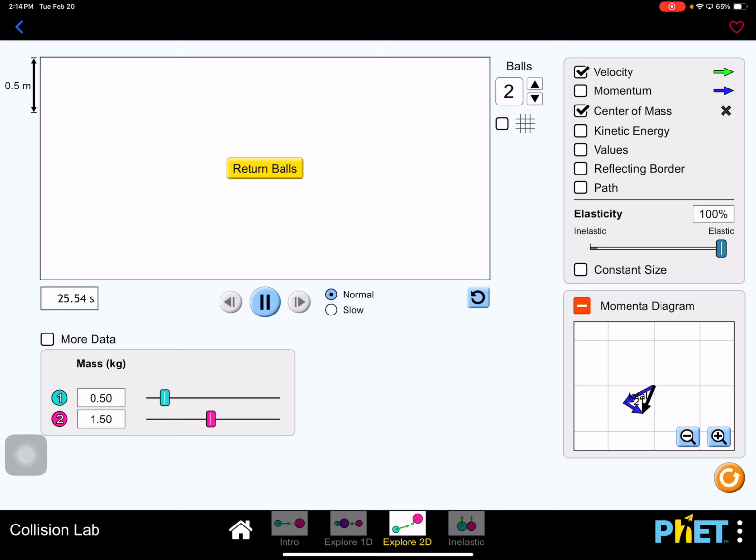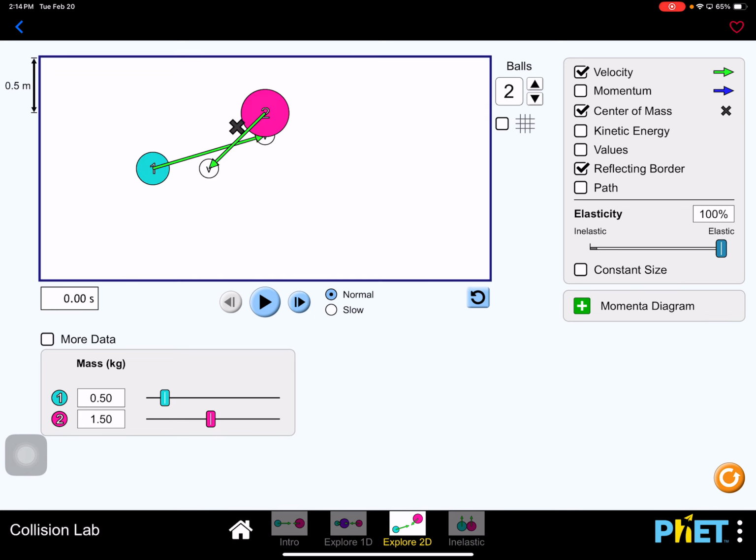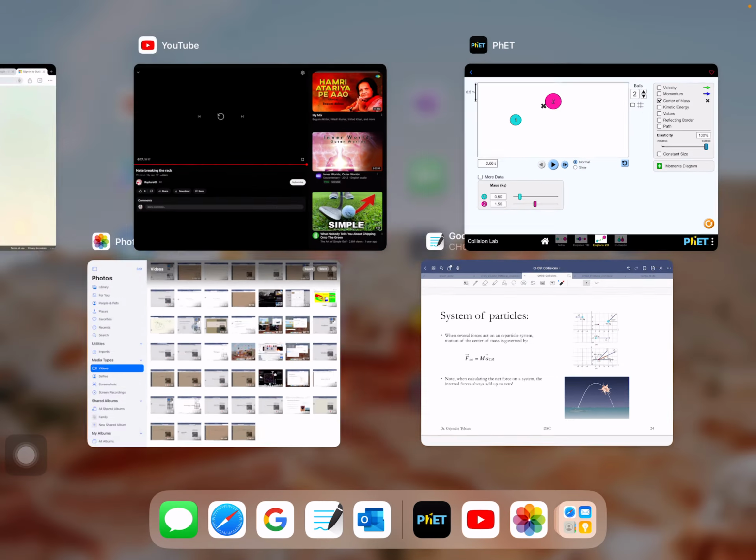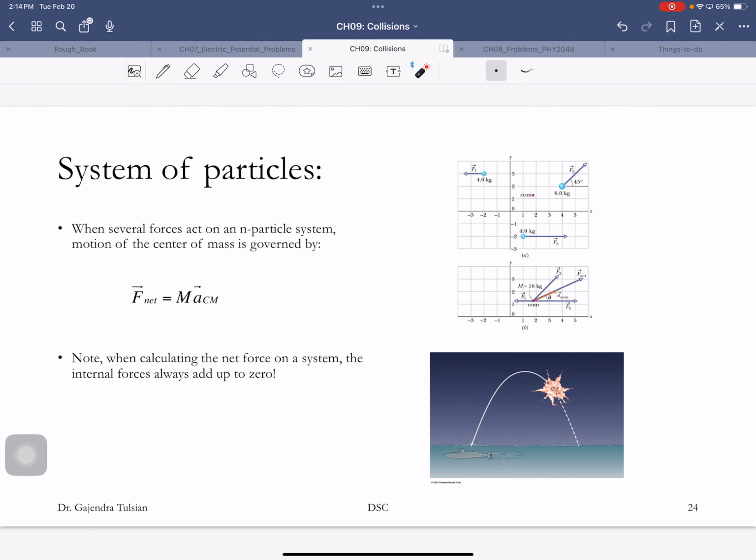So I'm just going to show you the center of mass. What does our equation tell us? If there is a net external force acting on the object, then its center of mass accelerates. In our case, we are not applying any external force, so this center of mass will have zero acceleration.